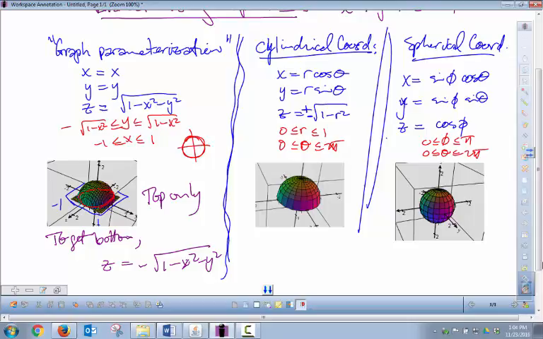So if your surface is a sphere, a spherical coordinate system might be good. But there's also something to be said about graph parameterization, because you can write something in graph parameterization and then eventually turn it into spherical coordinates. So there's a couple ways to approach our next type of integral, which is surface integrals.